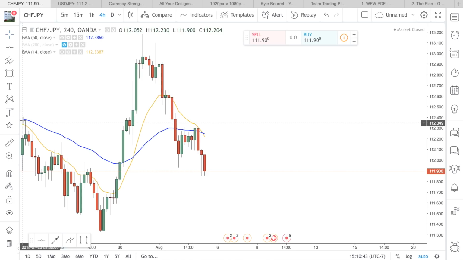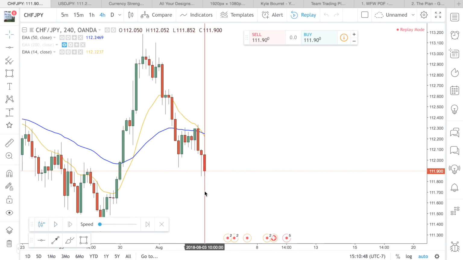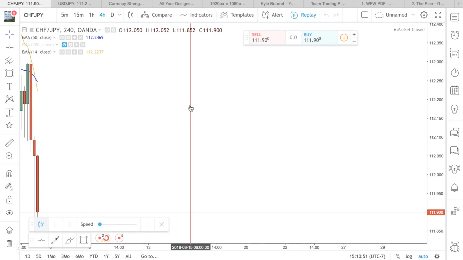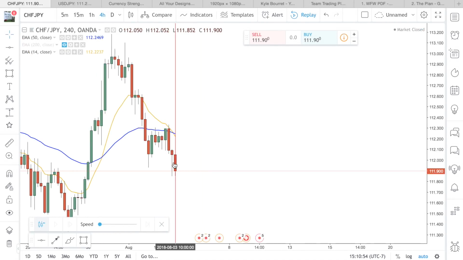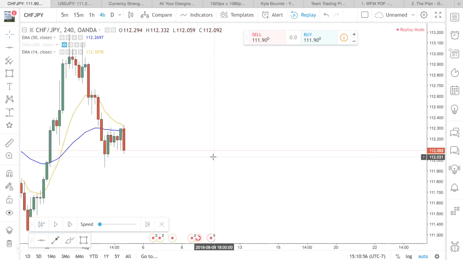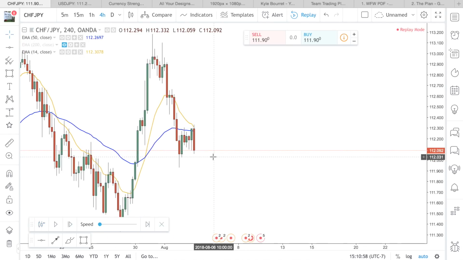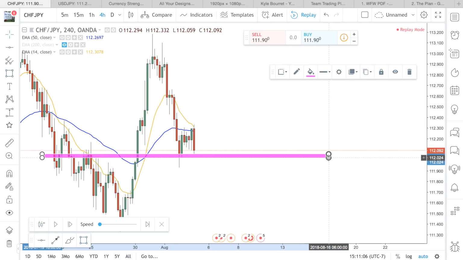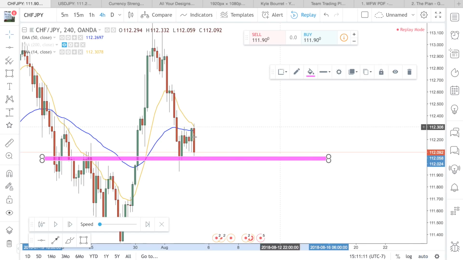Okay, perfect. Oops, I need to go back too. Textbook. Super textbook. Typical 4-hour push. Here you go. You're kind of right on that zone, but you've got a wick to fill. Super engulfing. We want to go down. It's just textbook. We're sitting right on the zone.